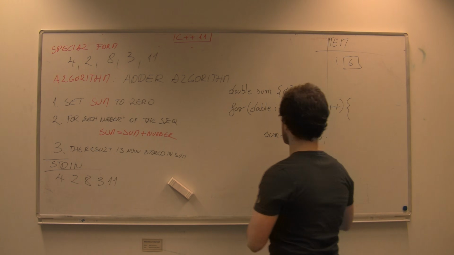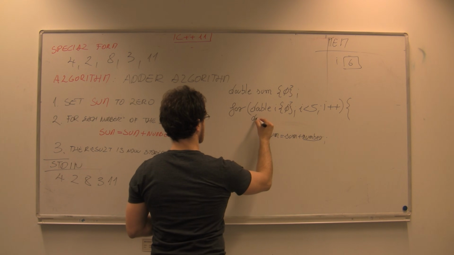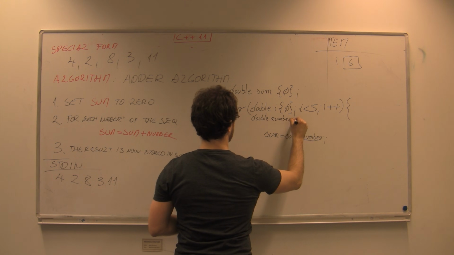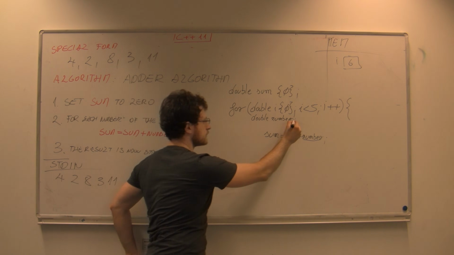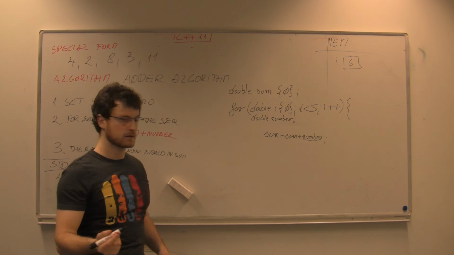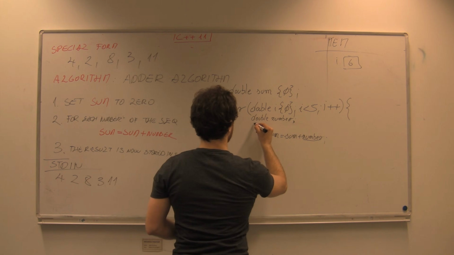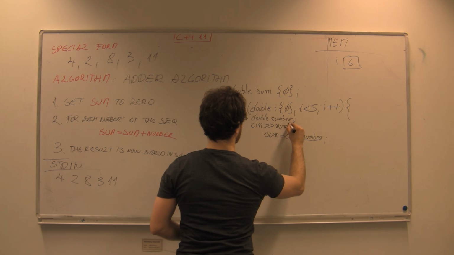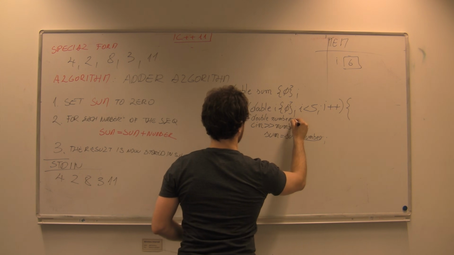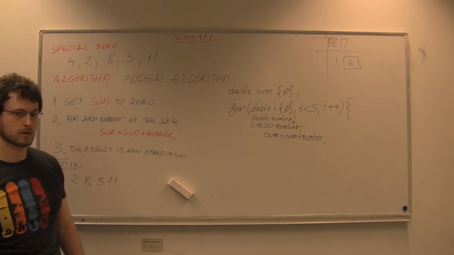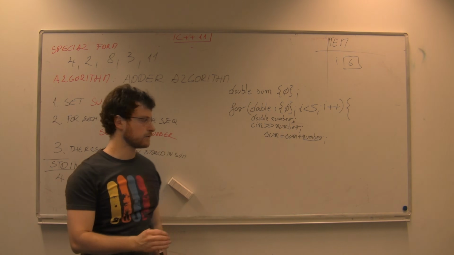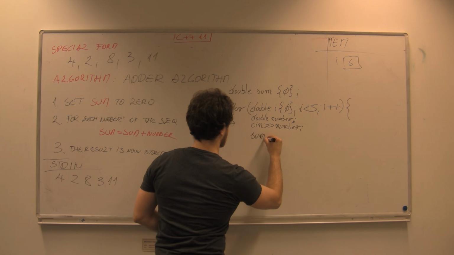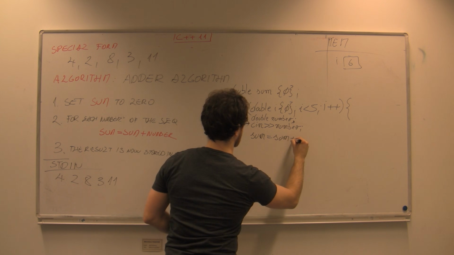So we'll introduce a variable number. We will not bind it to any value. And then at each step, we will extract it from the standard input and store it in the variable number. And then we will add it to the variable sum.